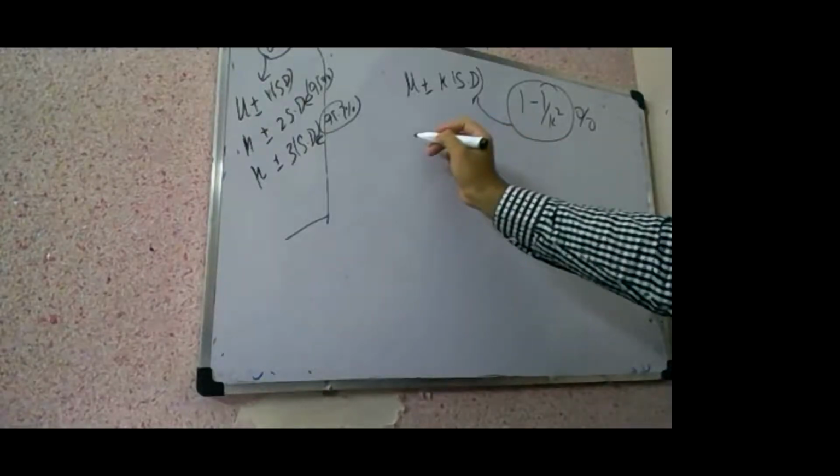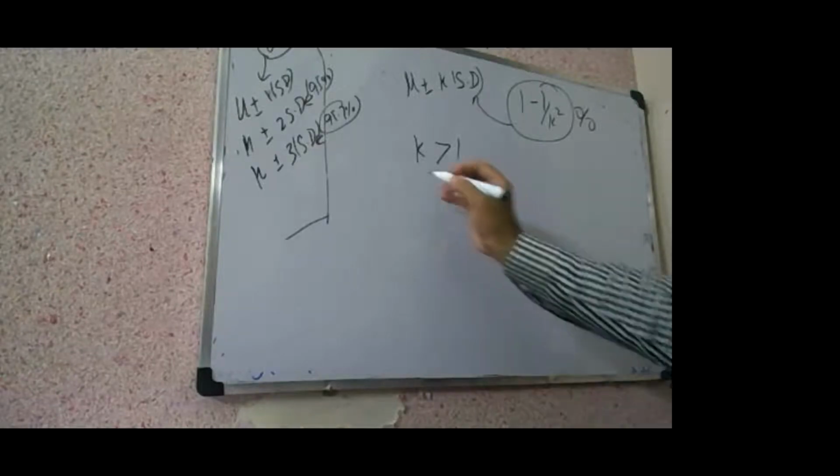Understand? And k should be greater than 1, because if k is 0 or less than 1, it gives us numbers which are not suitable with the mean or average.